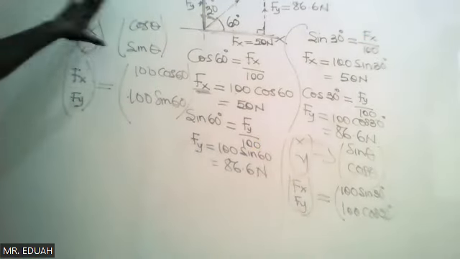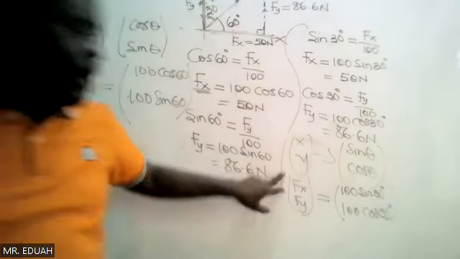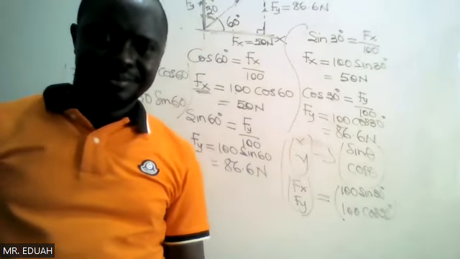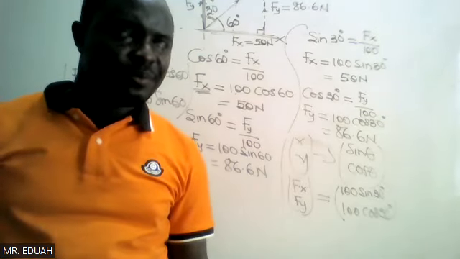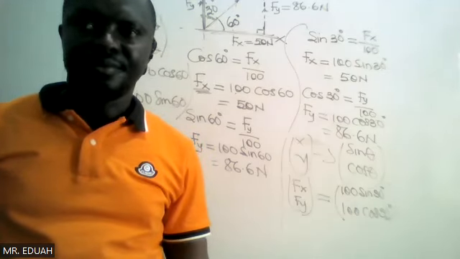So the rule: for x it is sine, for y it is cos. That's the rule of the game. Are we okay? Yes, please.